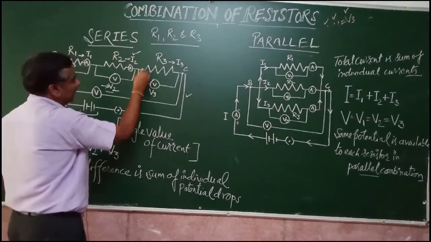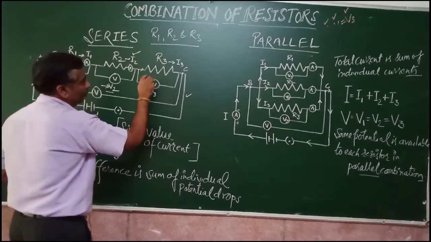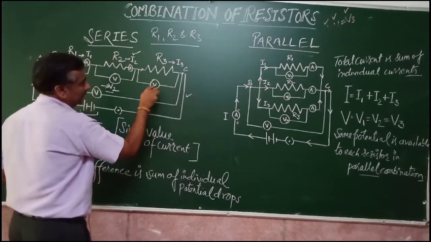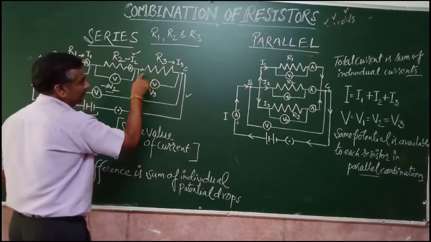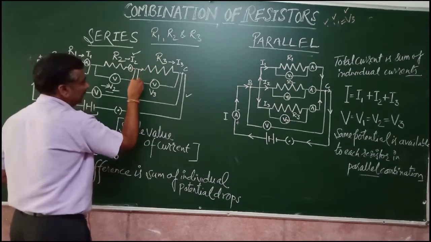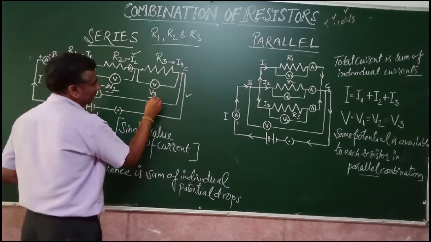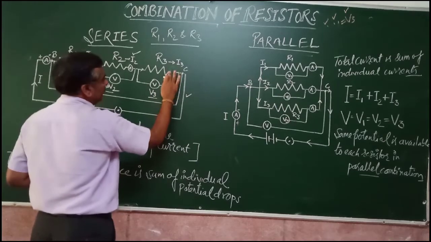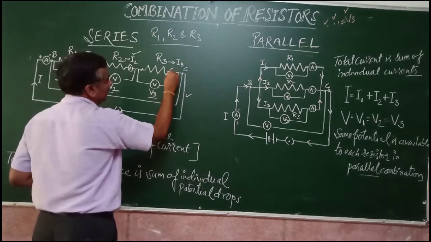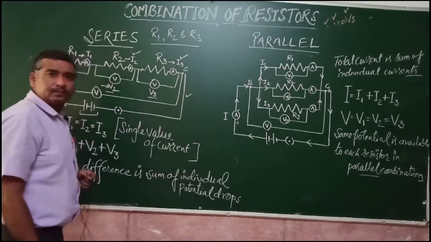Similarly when the current enters into the third resistor, the potential drop across it is measured by a voltmeter fixed across this resistor. The potential drop measured is V3, and the current flowing through this resistor is measured by an ammeter, and let the current be I3.